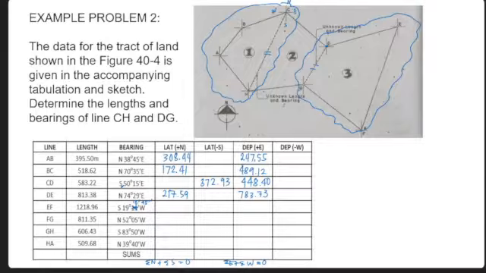CD, not DC. If DC, North. Right? DC, North. So if you remember, we said every line has two bearings. Right? Forward and backward or back bearing.